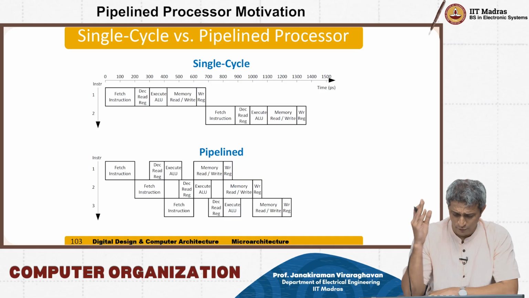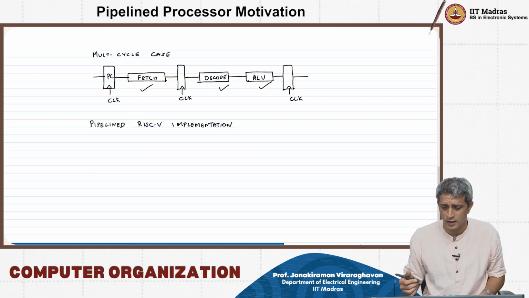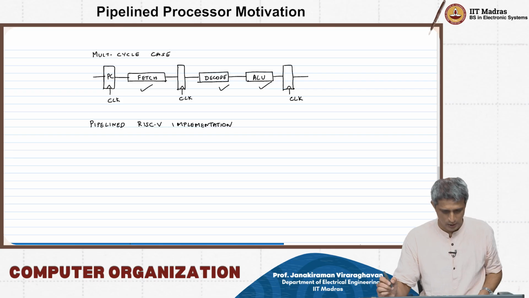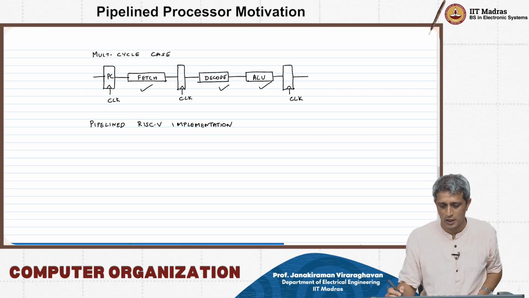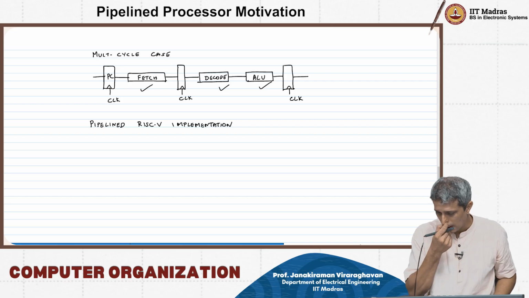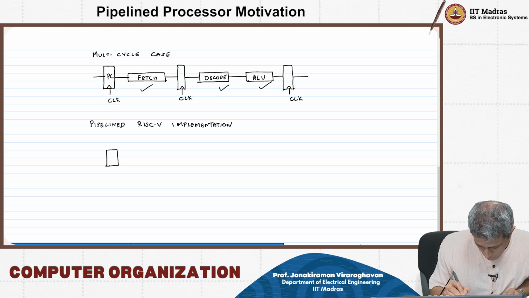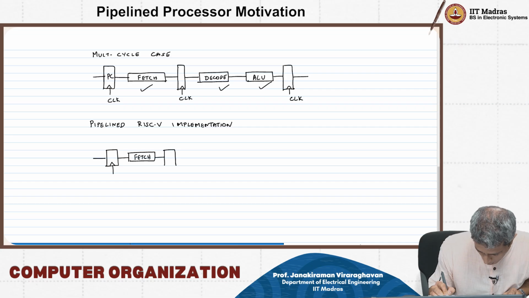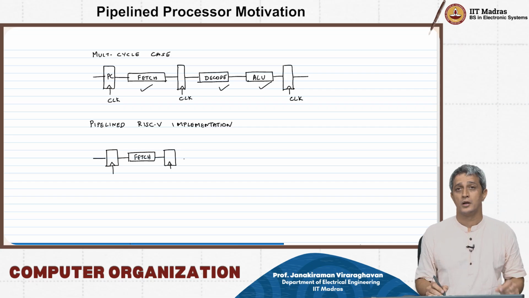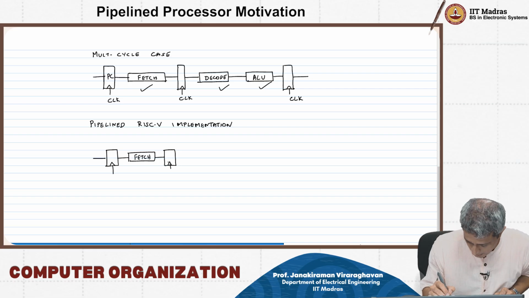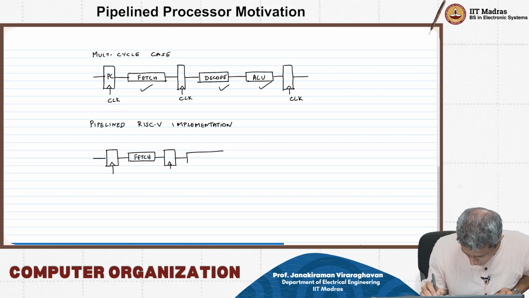So first of all, I have different combinational blocks here. Let me put that down for you. I am now going to break this pipeline implementation into 5 different stages. I have the fetch, which is basically a memory read operation from the instruction memory. Then I have register decode, I'll just call it decode.